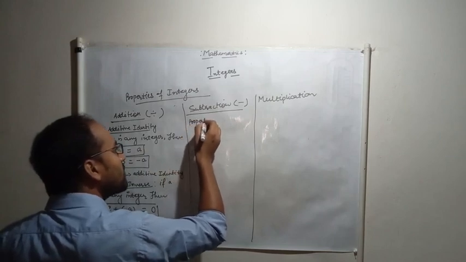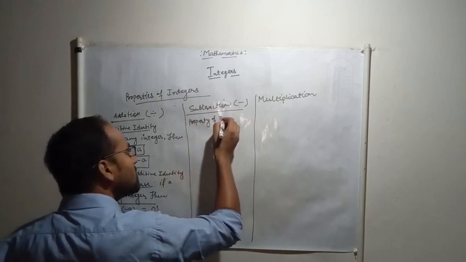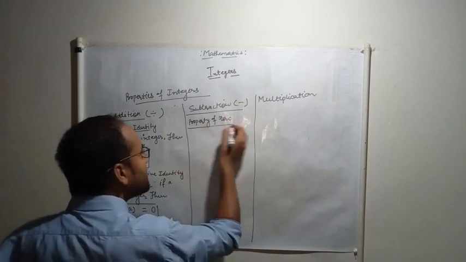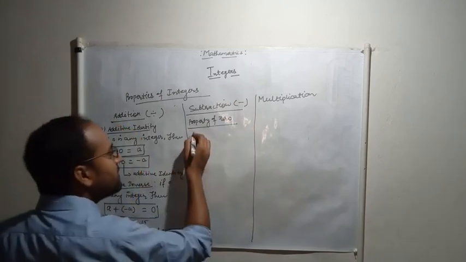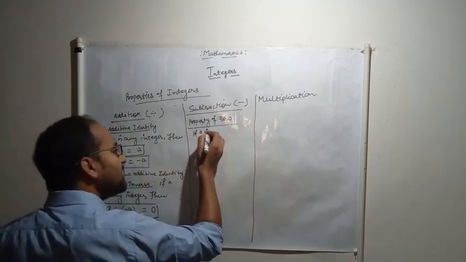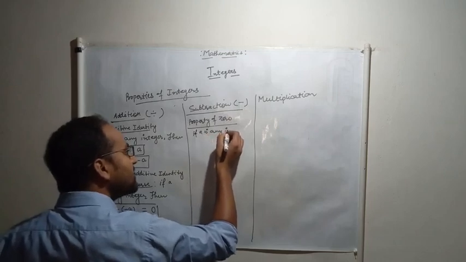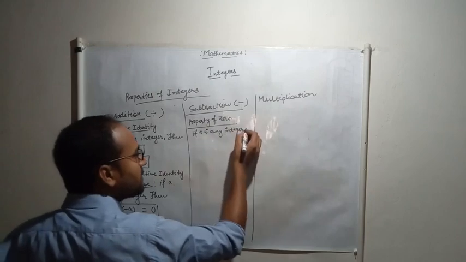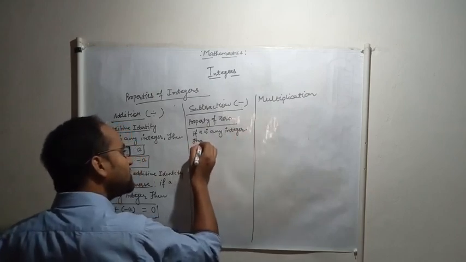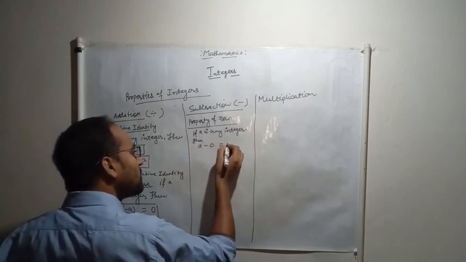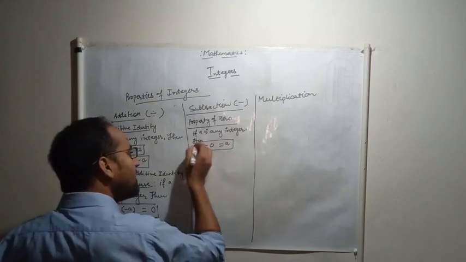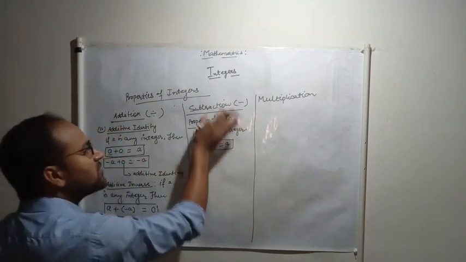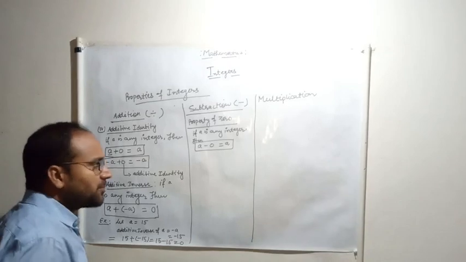It means that if a is any integer and you subtract 0 from this integer, you always get the same integer. That is known as the property of 0 in the case of subtraction.